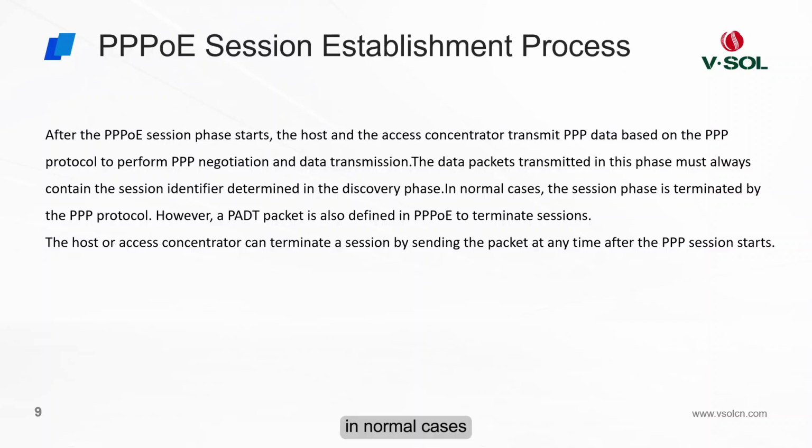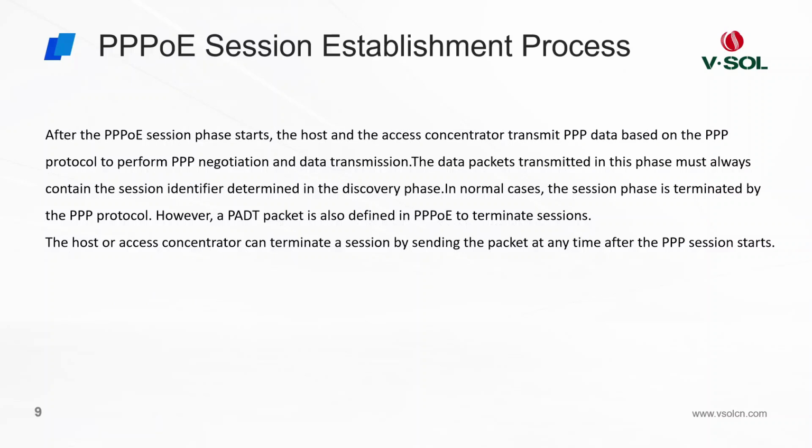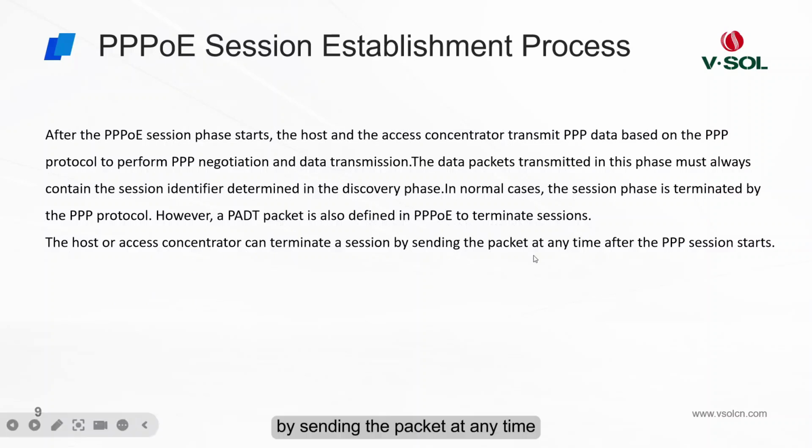In normal cases, the session phase is terminated by the PPP protocol. However, a PADT packet is also defined in PPPoE to terminate sessions. The host or access concentrator can terminate a session by sending the packet at any time.